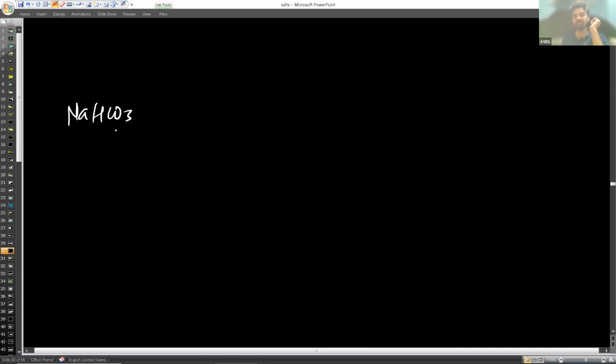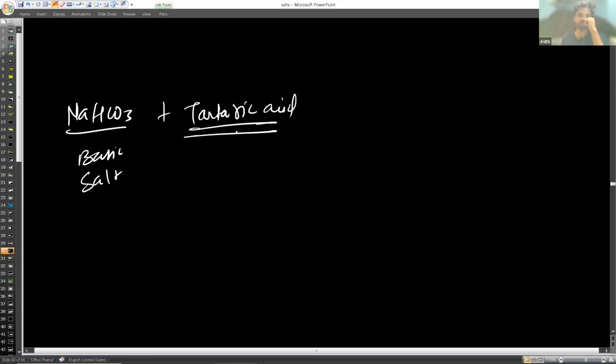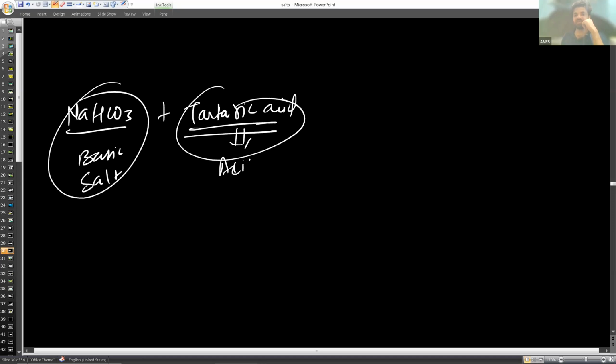sodium hydrogen carbonate is a basic salt. And when you are adding tartaric acid to it, this is a basic salt and this is an acid. So when acid reacts with base, this is tartaric acid, and it is base.